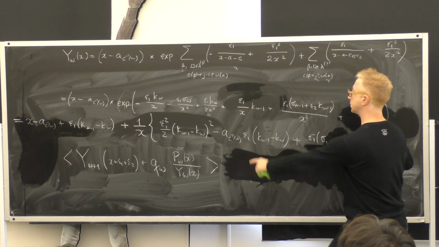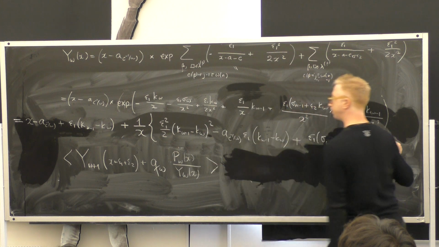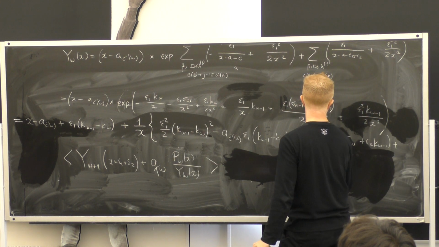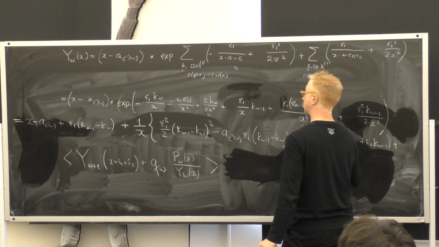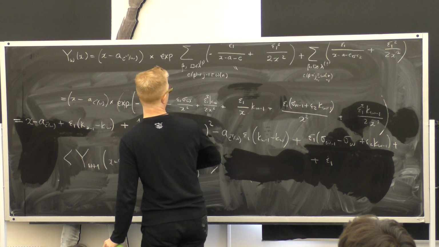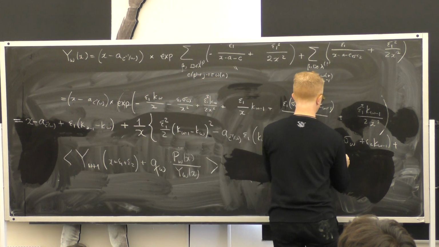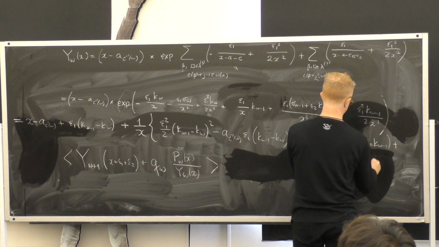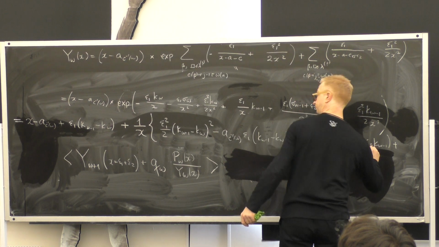And then there is this sum term plus epsilon 1, it should be square, plus epsilon 1 squared k omega plus k omega minus 1 over 2.